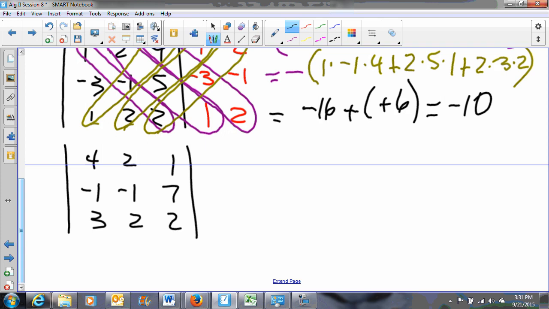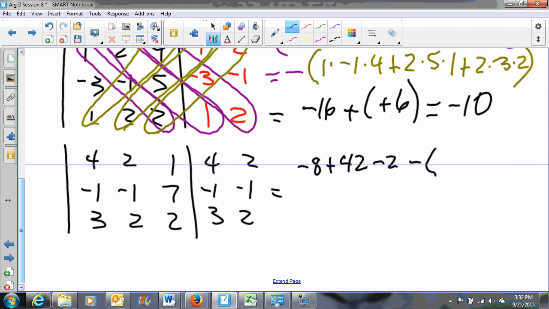To find this determinant, we write again 4, negative 1, 3, 2, negative 1, 2. And then we have 4 times negative 1 times 2, that's negative 8, plus 2 times 7, that's 14, times 3, that's 42, plus 1 times negative 1 times 2, that's negative 2. You see these three we're adding together.